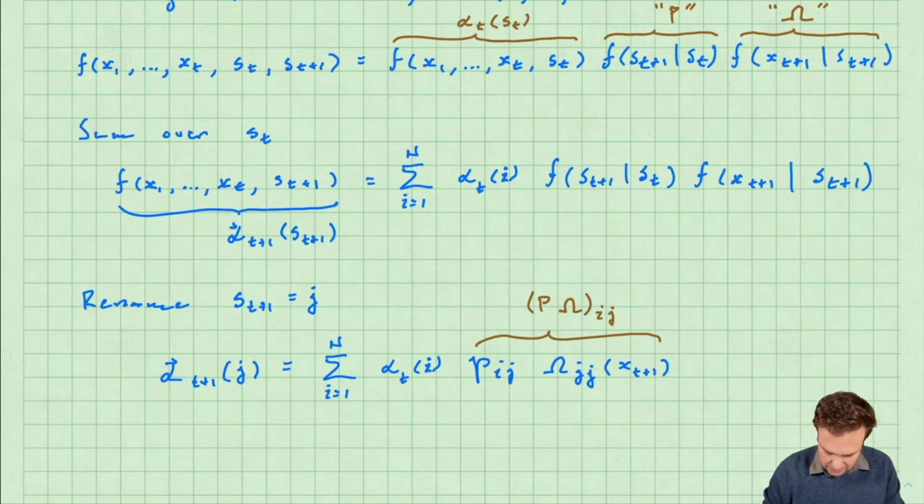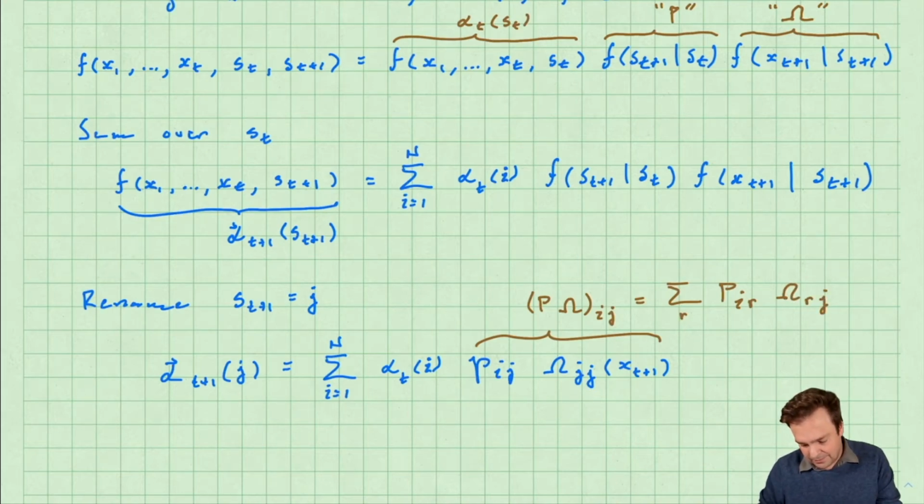You can see that by writing out matrix multiplication. Say you have an index r, and then you've got P i r times omega r j. But remember, this omega is diagonal.